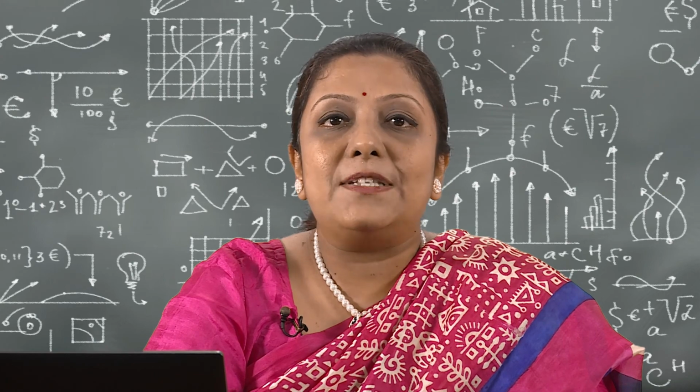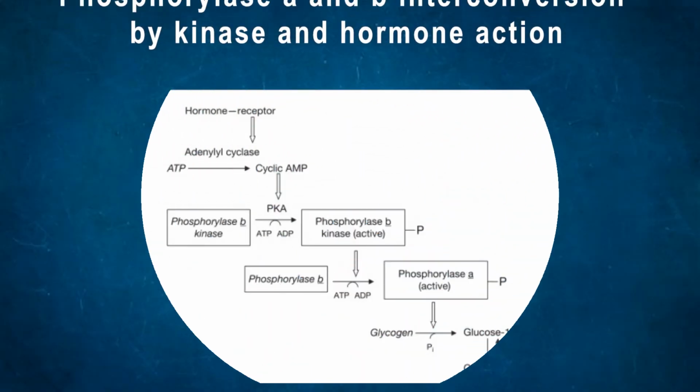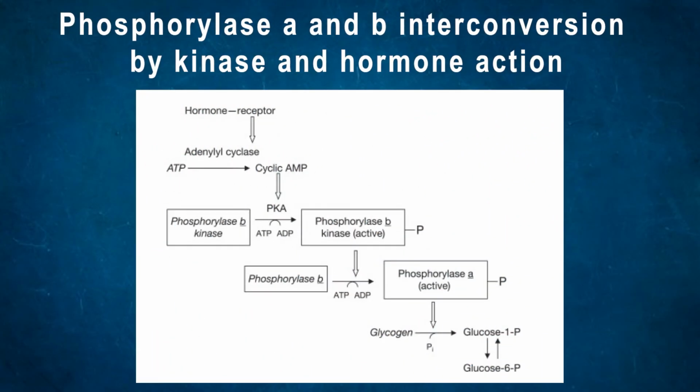When the signal comes as the hormone epinephrine, we know that glycogen phosphorylase b is inactive, because there are two forms: glycogen phosphorylase a, the active form, and glycogen phosphorylase b, the inactive form. Two units of phosphorylase b, having special serine residues, get phosphorylated by phosphorylase kinase and are transformed to the active phosphorylase a form.